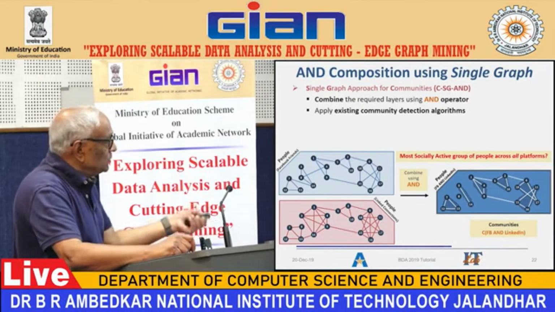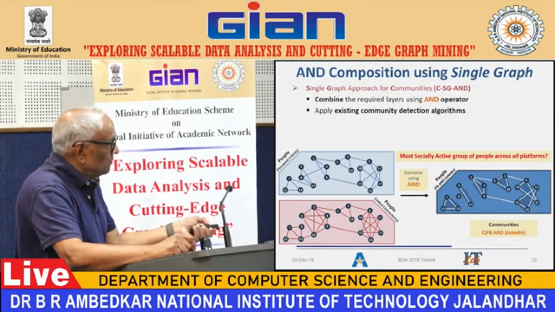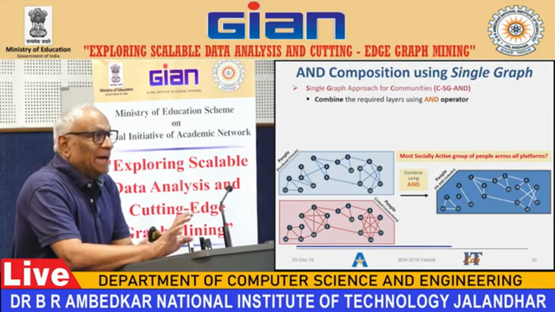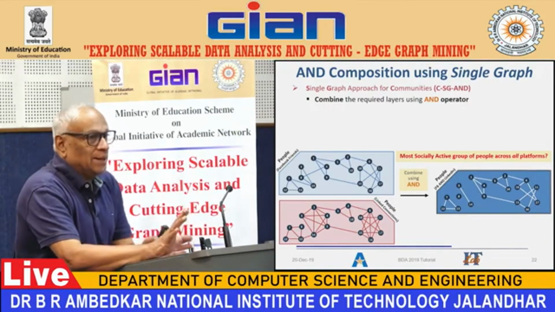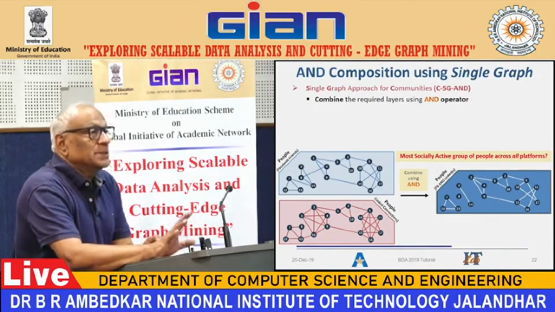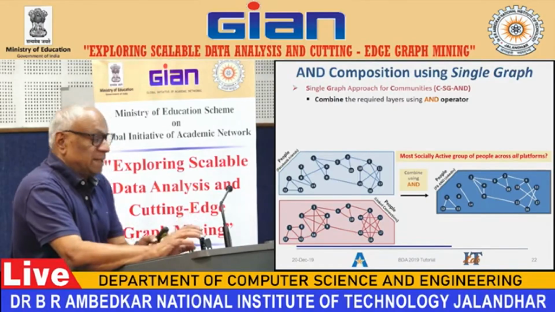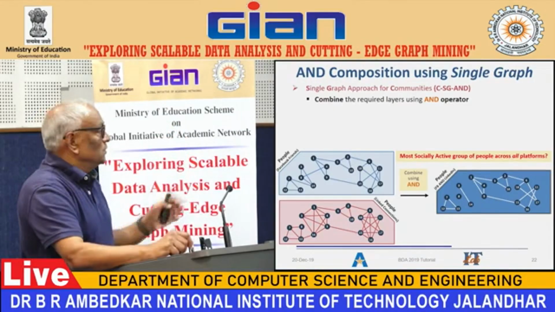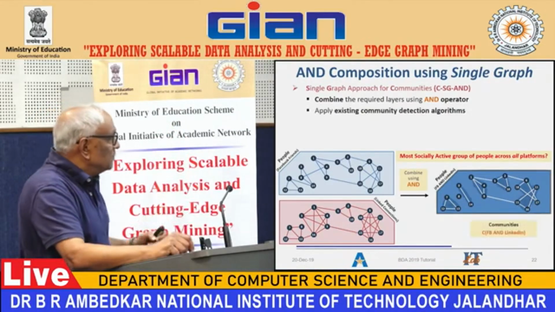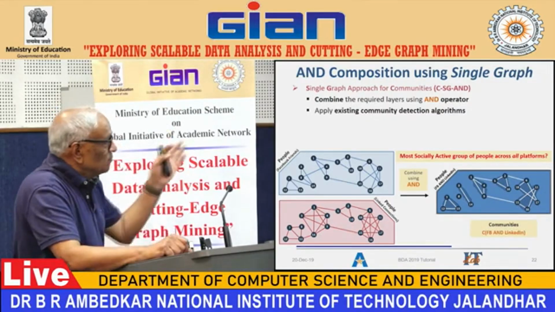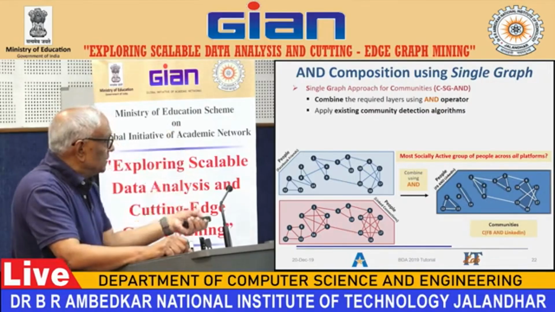If I AND these two graphs, I get this graph. That is the Boolean AND of layer 1 and layer 2. Now I will find communities in that layer, and that is what I need to get for these two layers using the decomposition approach. So this is the ground truth. And the communities here are what is shown in the highlighted area. There are multiple communities. For example, this is a community, this is a community, this is a community, and so on.